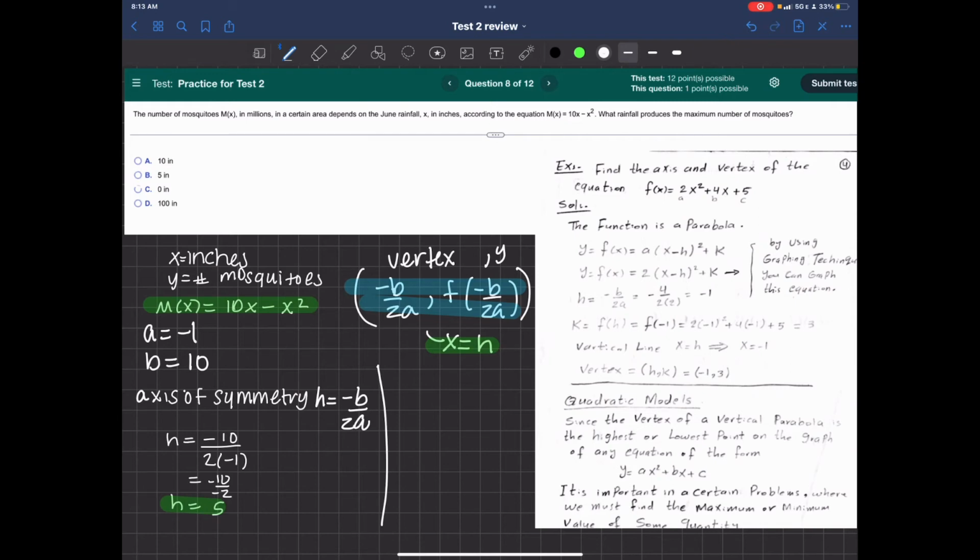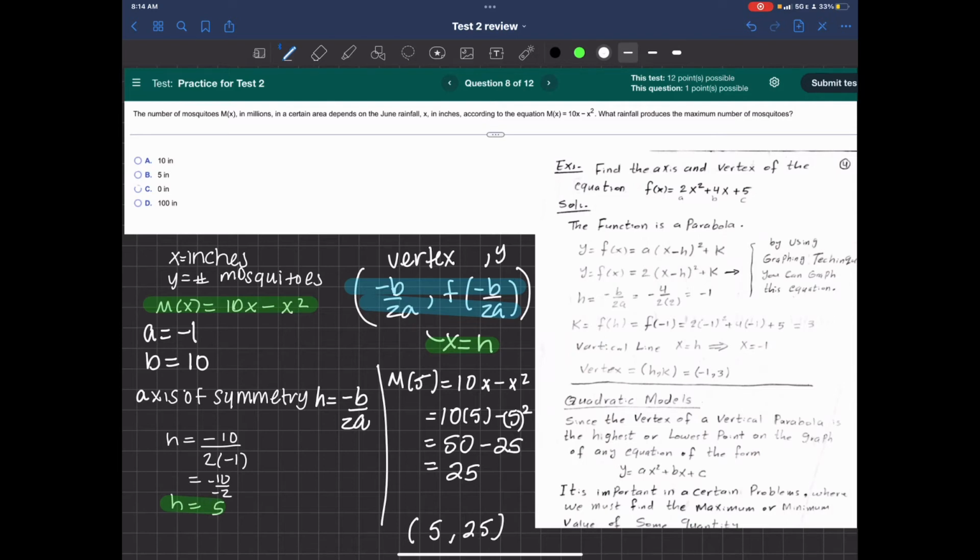When I substitute, and this is kind of an extra step, I have m of 5 equals 10x minus x squared, so equals 10 times 5 minus 5 squared. I get 50 minus 25 equals 25. So that becomes our y. So if we're talking about the vertex, we're going to have 5 comma 25.